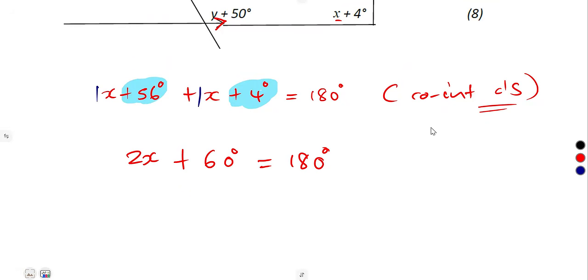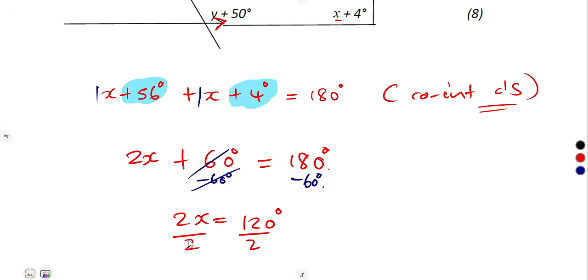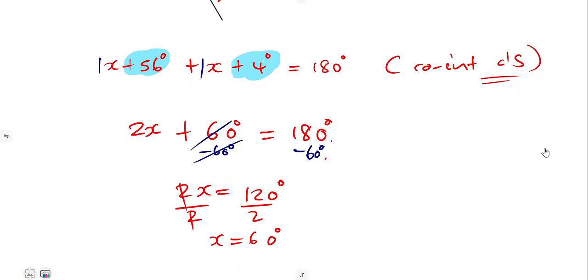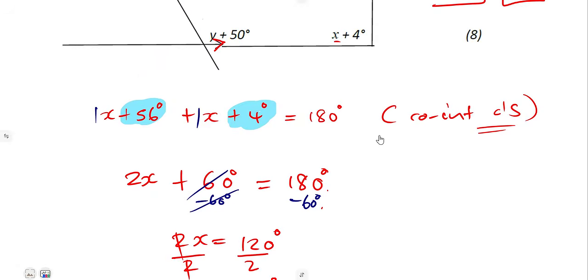So to solve for x, we can simply subtract the 60 degrees from both sides of our equation. So that's 2x is equal to 120 degrees. Dividing by 2, our x is going to be what? 60 degrees. All right, so our x there is 60 degrees.